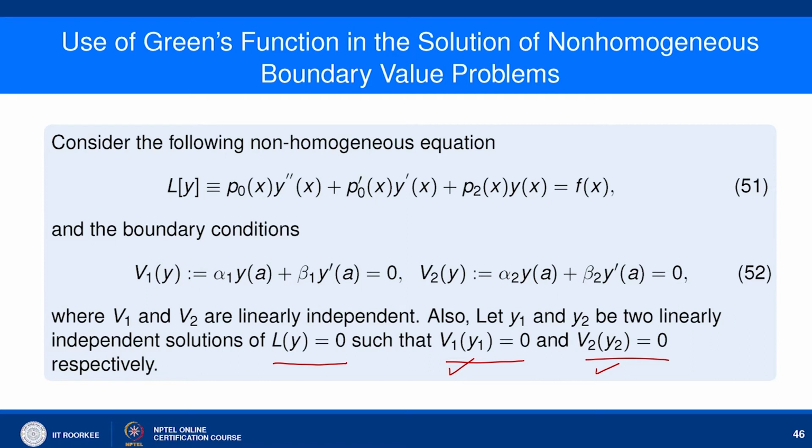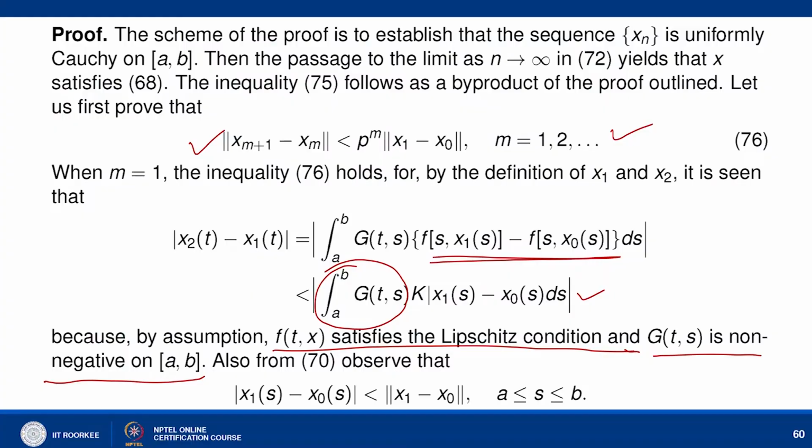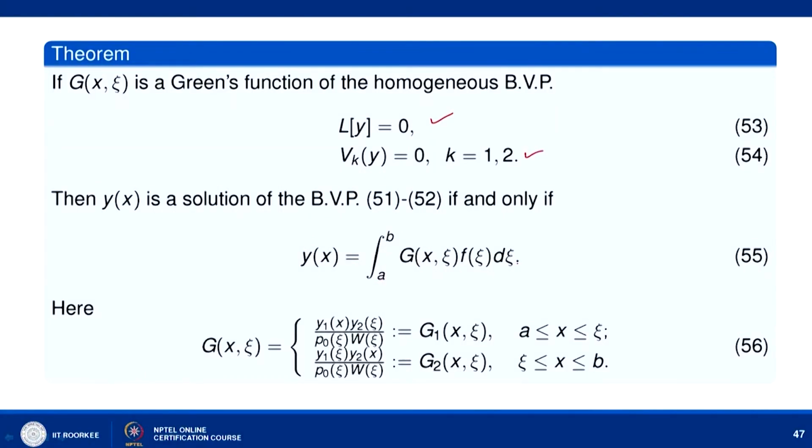And here we say that if G(x, xi) is a Green's function of the homogeneous boundary value problem Ly = 0 with the boundary conditions VkY = 0, where k is from 1 to 2, then y(x) is a solution of the boundary value problem 51-52, that is the non-homogeneous equation with homogeneous boundary conditions, if and only if y(x) is given by the integral from a to b of G(x, xi) f(xi) d xi, where G(x, xi) is given as y1(x) y2(xi) divided by P0(xi) W(xi), which I denote as G1(x, xi), for x from a to xi, and G2(x, xi), which is given by y1(xi) y2(x) divided by P0(xi) W(xi), for x from xi to b.